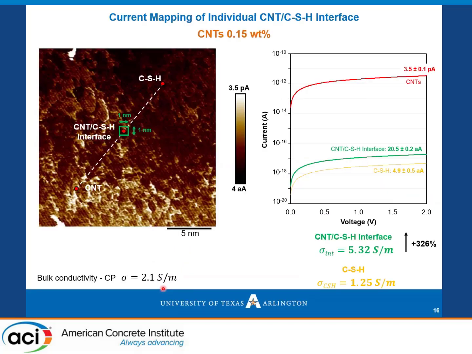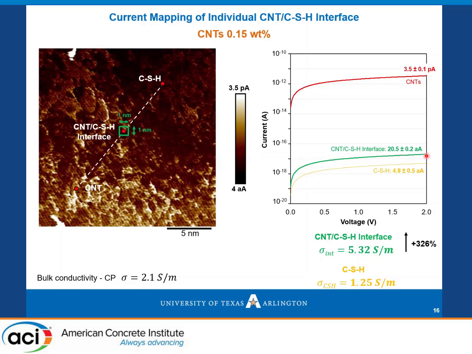Then, to continue here, as Professor Kosa mentioned, the interfaces exhibit unique properties, chemical, mechanical, and now we will see the electrical properties. We measure the current right at the area between the CNT and CSH, the interface, and here you see the results of current versus voltage in this green curve.